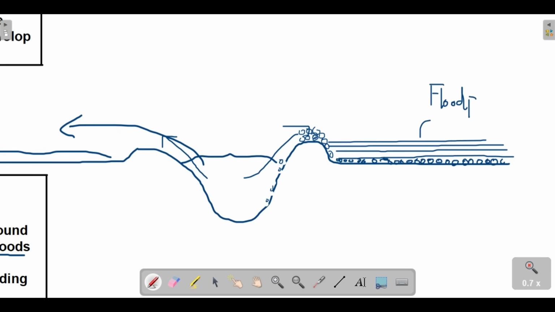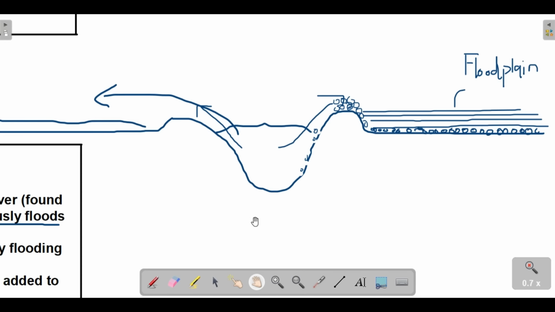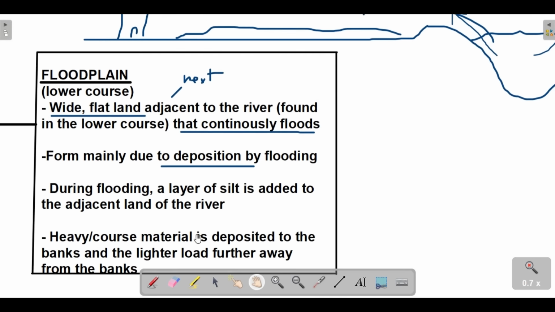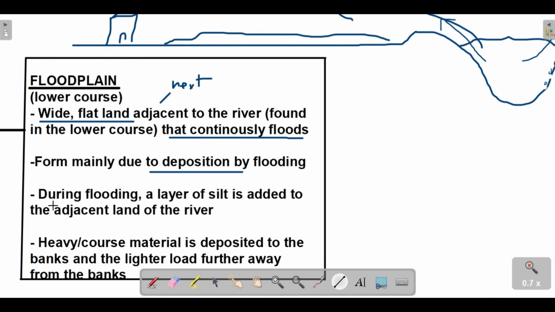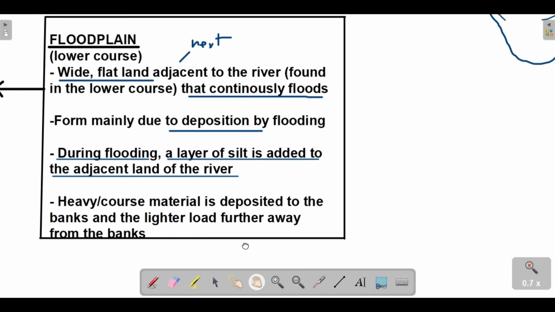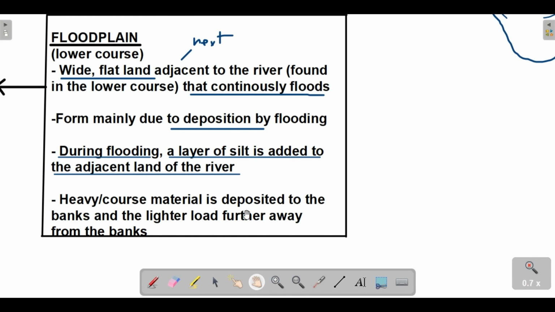So a floodplain is really caused simply by deposition of material from the river onto the adjacent land, the land that is next to the river. During flooding, a layer of silt is added to the adjacent land of the river. Generally the heavy material is deposited first, meaning it is deposited on the banks.